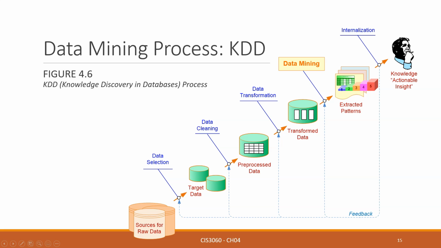Now, the Knowledge Discovery in Databases process I would consider to be more aligned with the business intelligence mindset, where we look at our raw sources of data, extract out that target data, process it, and store it in a new format, such as a data warehouse, that we can use later to extract our patterns.